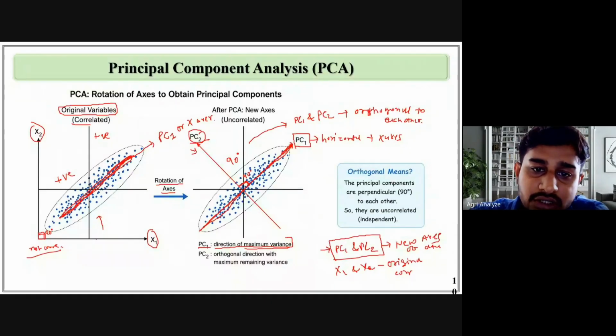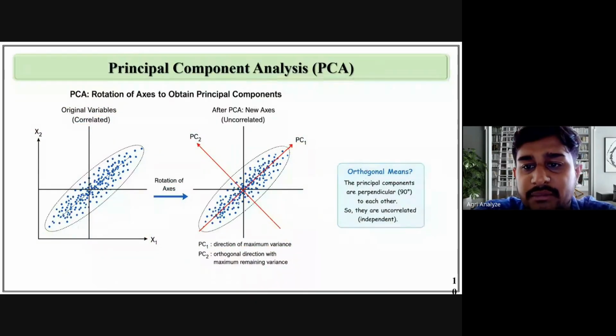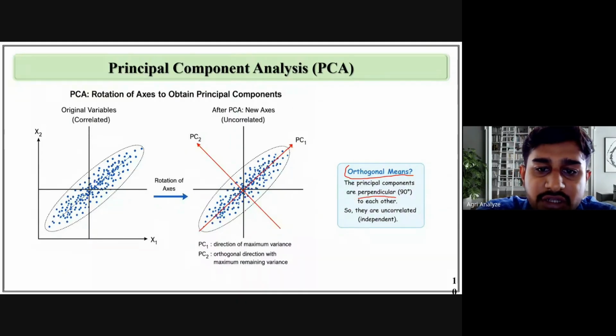Now, these axes show PC1 and PC2, both uncorrelated with each other. Orthogonal means the principal components are perpendicular to each other, 90 degrees to each other. The angle between PC1 and PC2 is 90 degrees, so they are uncorrelated or independent of each other.